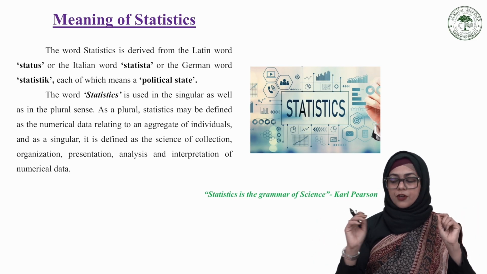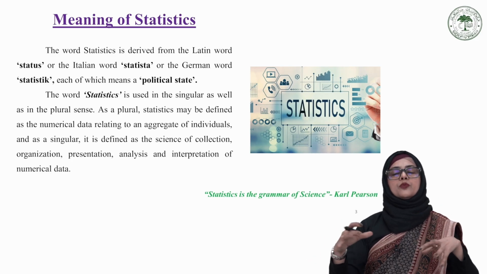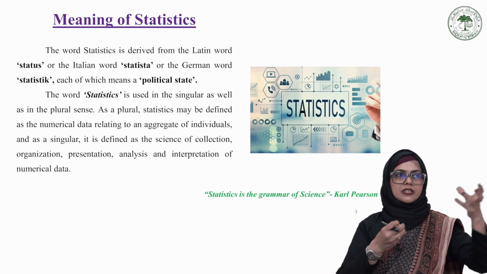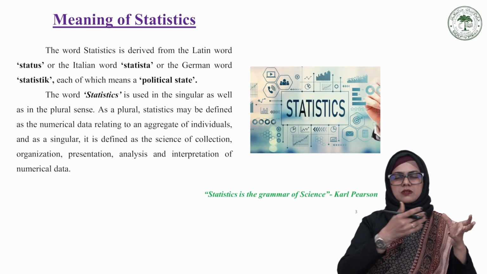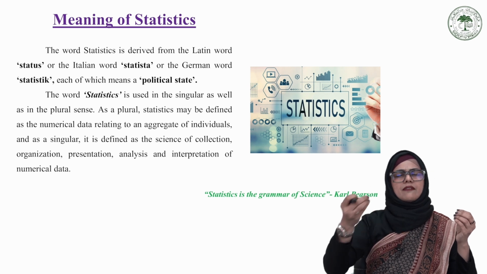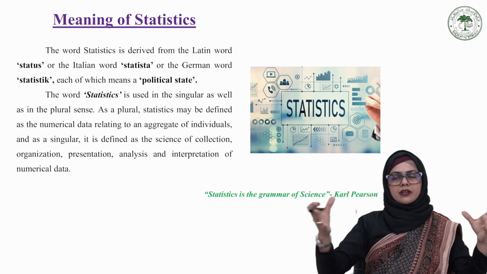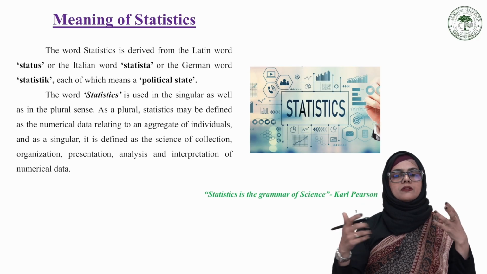If you're using statistic in the plural form, it is used in the data sense, meaning it refers to numerical data. For example, if a teacher is collecting marks from 50 students, some might have 25, some 60, 70, 80 or 99, whatever it is, these mark scores, when we talk about numerical data, we are talking about statistic.